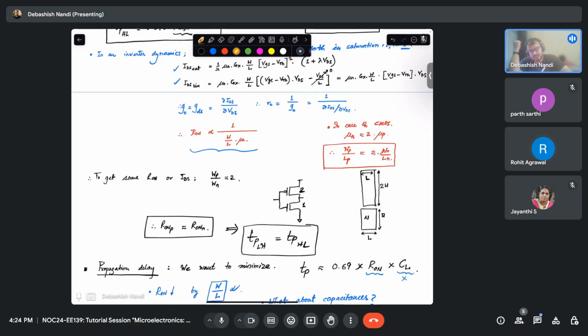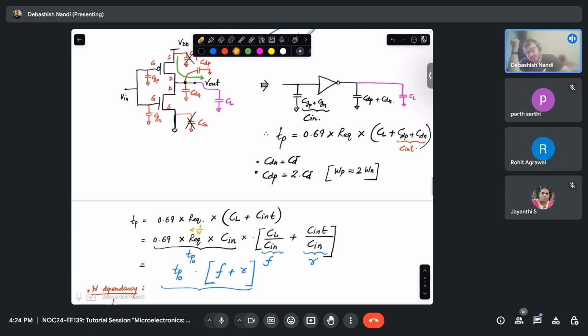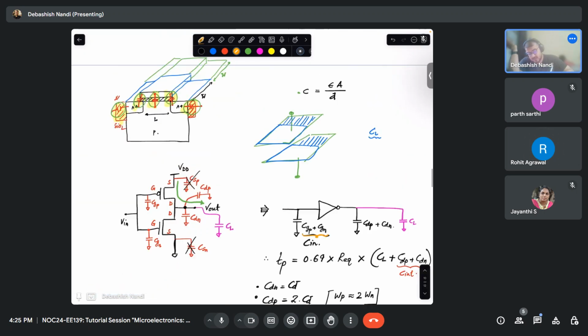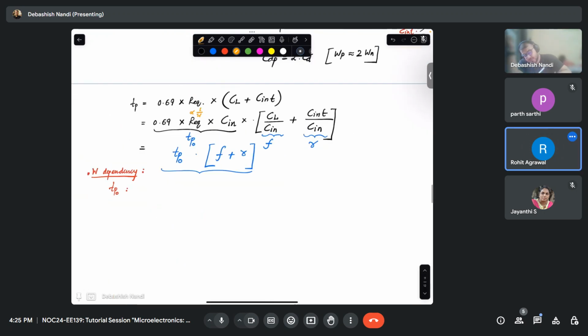So R is inversely proportional to W, and C in is your gate capacitance, proportional to W, for an obvious reason. We have seen this, right? Your area is increasing. So these two are multiplied, and the W effect is not there. So TP0 is W independent.